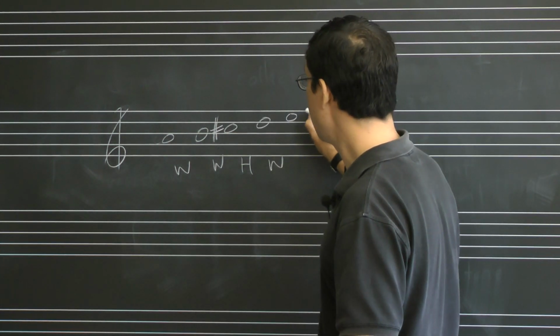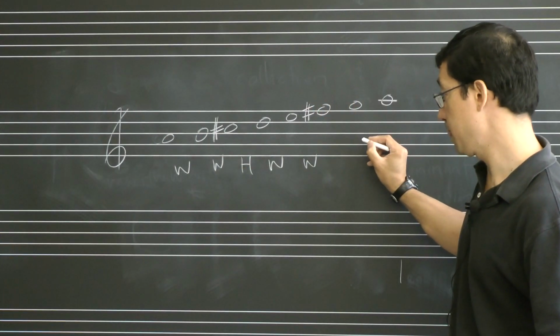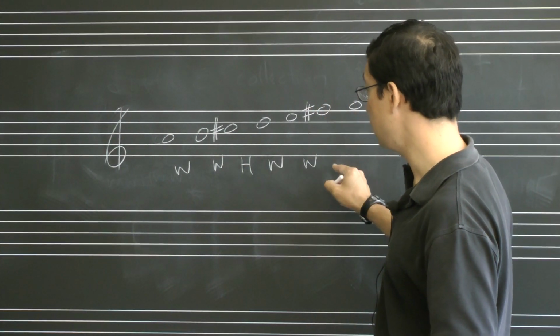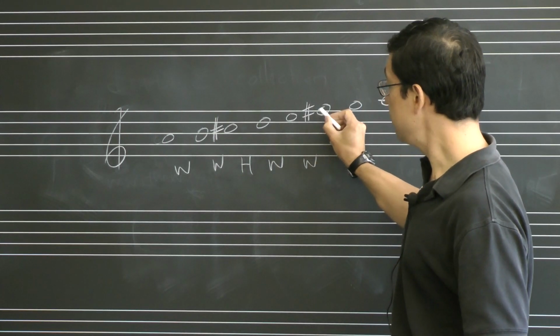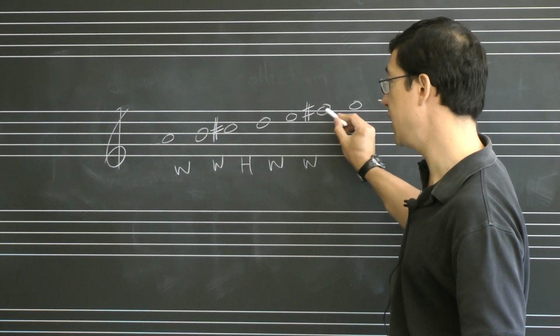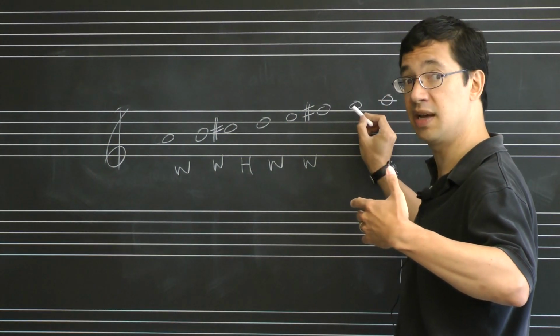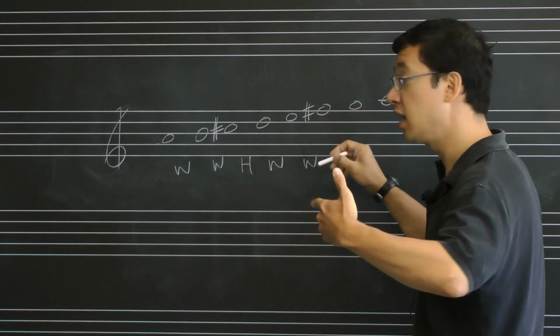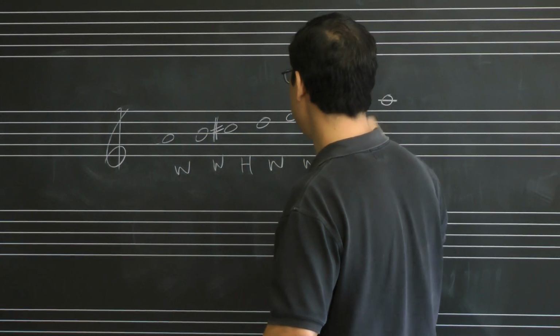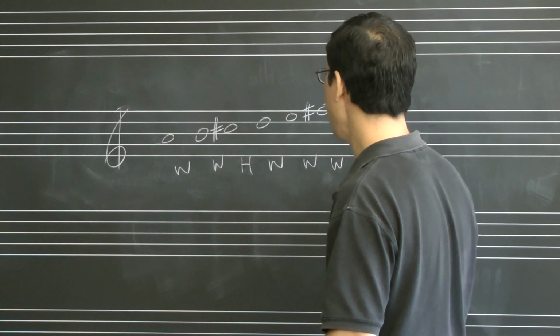So again, E to F sharp to make our whole step. Now we want another whole step. So F sharp, if we'd had F, F to G would be a whole step. But now that we have F sharp to G, that's a half step. We want a whole here, so F sharp to G sharp to make another whole, and G sharp to A is going to be a half.